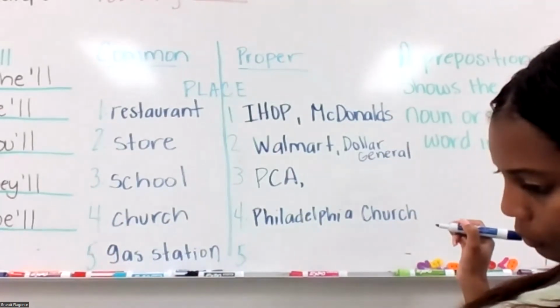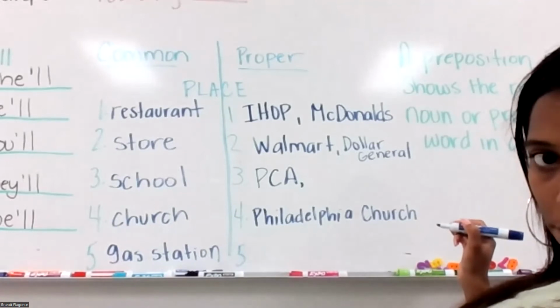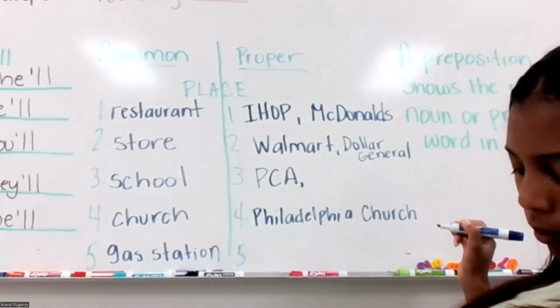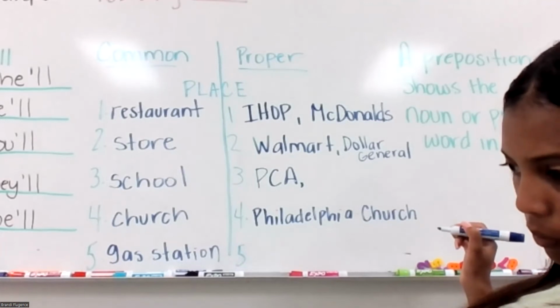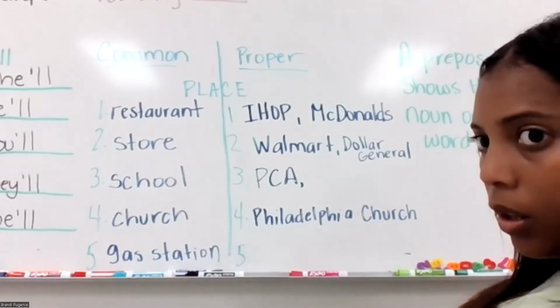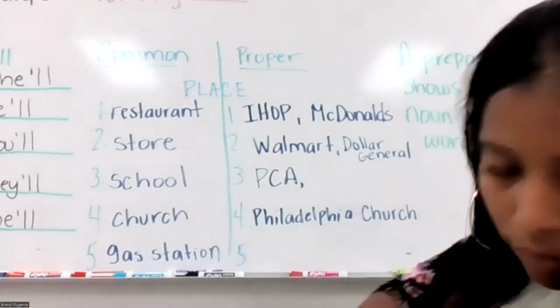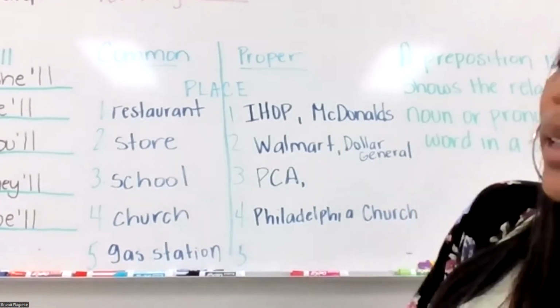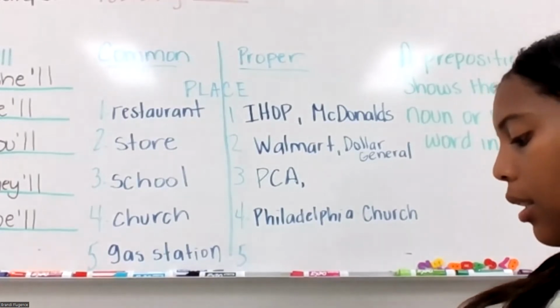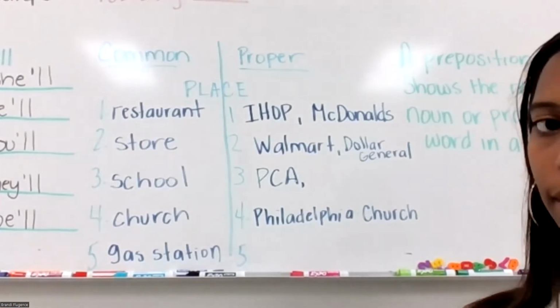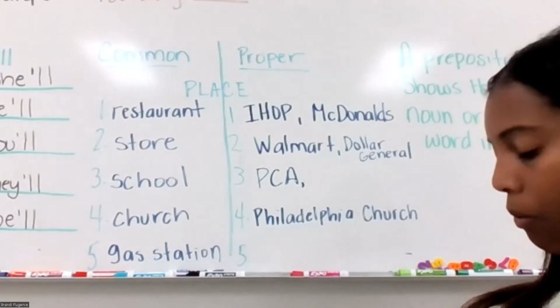You can look at people's shirts and then answer, because it's right there on the top of the shirt. But it says Philadelphia Christian Academy. Yeah, that's a school. The church is Philadelphia Christian Church.